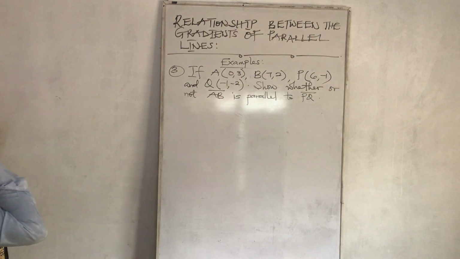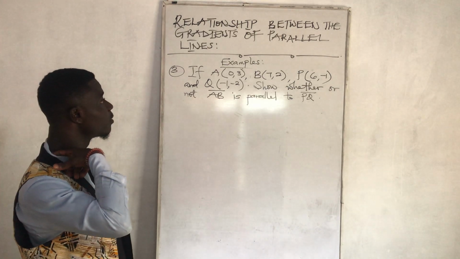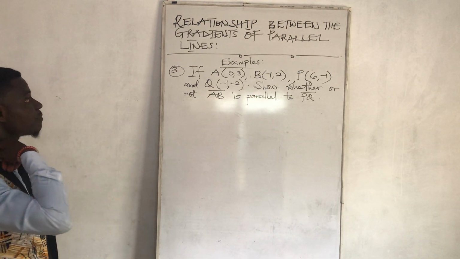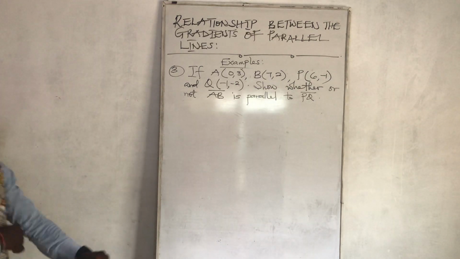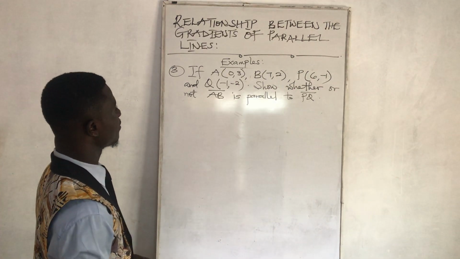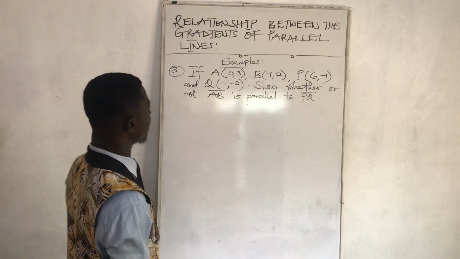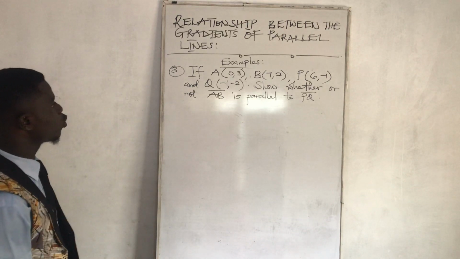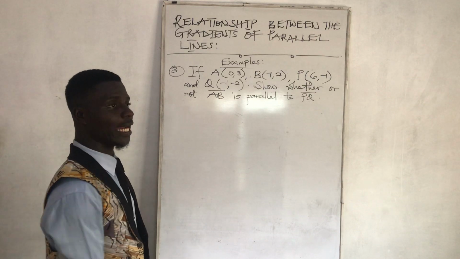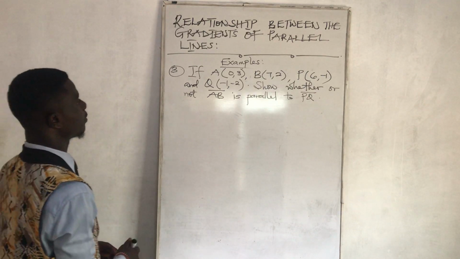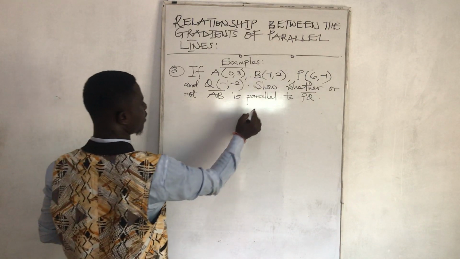So if point A is (0, 3), point B is (7, 2), point P is (6, -1), then we have point Q as (-1, -2). Show whether or not line AB is parallel to line PQ. So let's start with the solution.